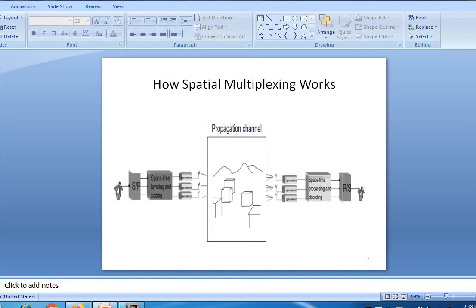In the channel, the signals will be impinging on a number of interacting objects such as buildings. Reflection can occur. The reflected signals and the remaining signals will be received by the antennas. Then once again a down conversion is done. Then processing and decoding is done. We will get parallel data. This parallel data is converted to serial data and given to the receiver part.